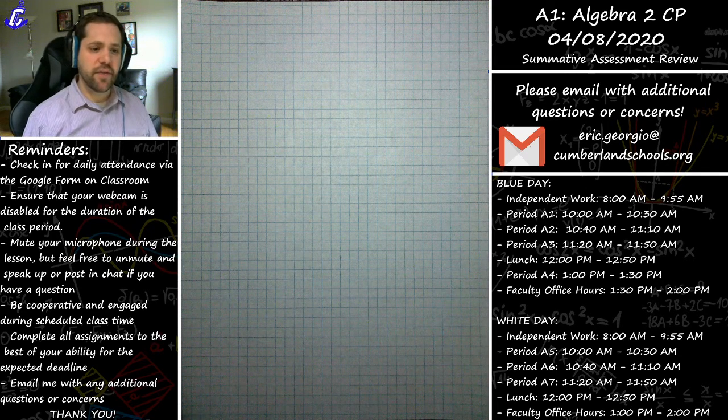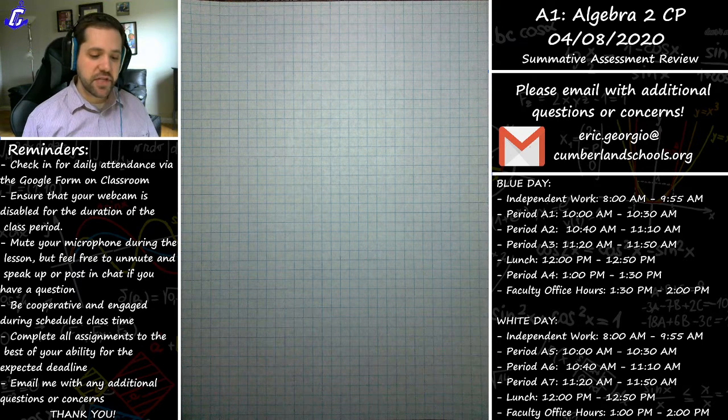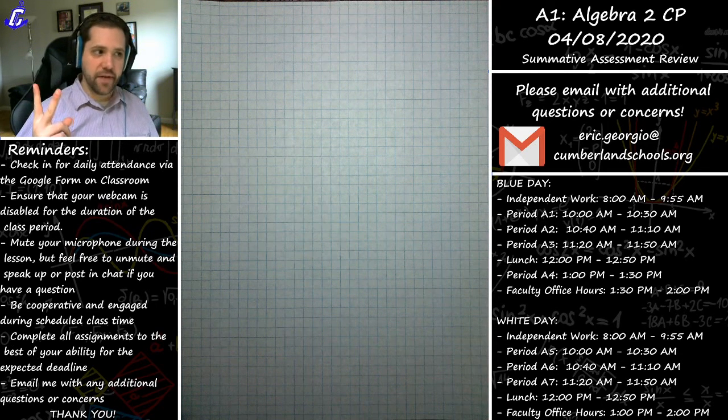Another thing I want to mention about the summative is that we, and by we I mean the Algebra 2 CP teachers, have decided that for CP we are not going to be featuring word problems on the summative. So the summative is only going to feature your solving equations and your graphing. Okay?